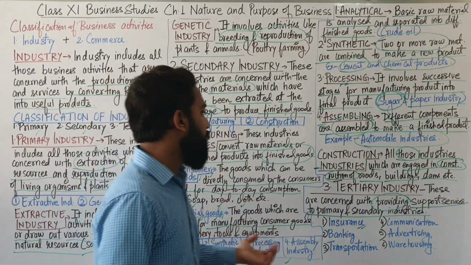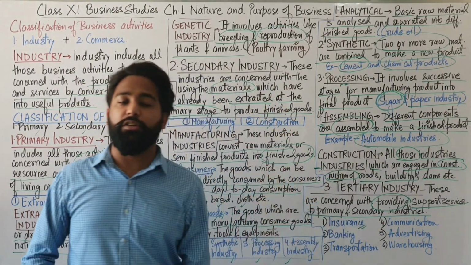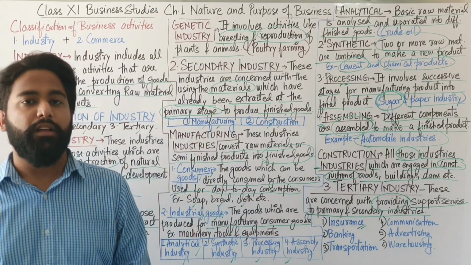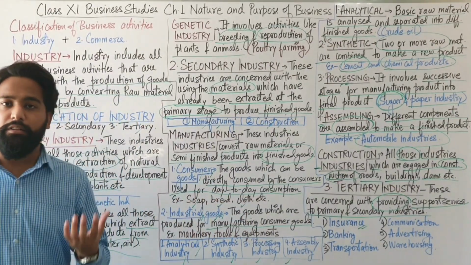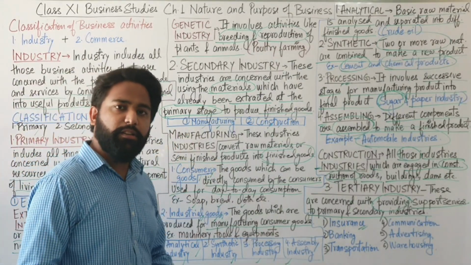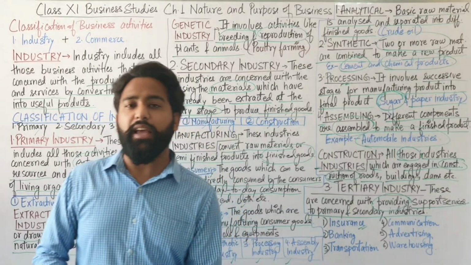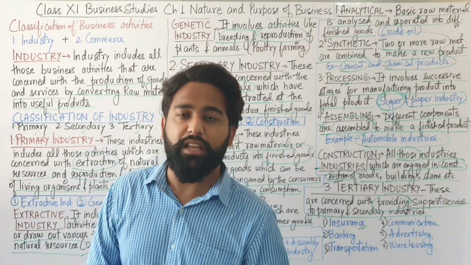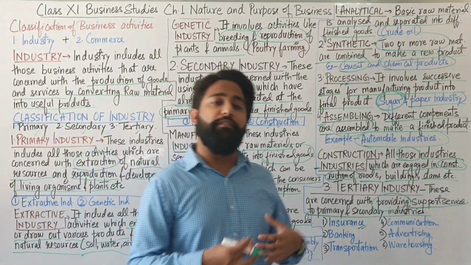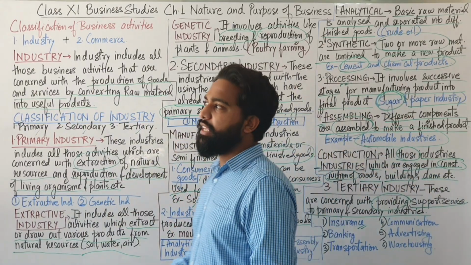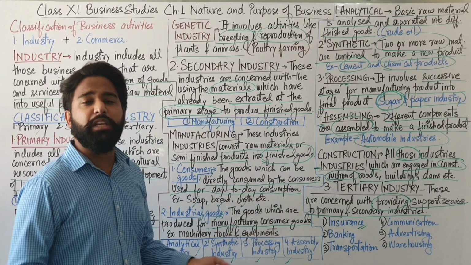Export, import. Fourth, communication helps in making deals on phone or by internet, so the size of the market increases. Advertising helps in the awareness of the consumer about their products. And the last one is warehousing.